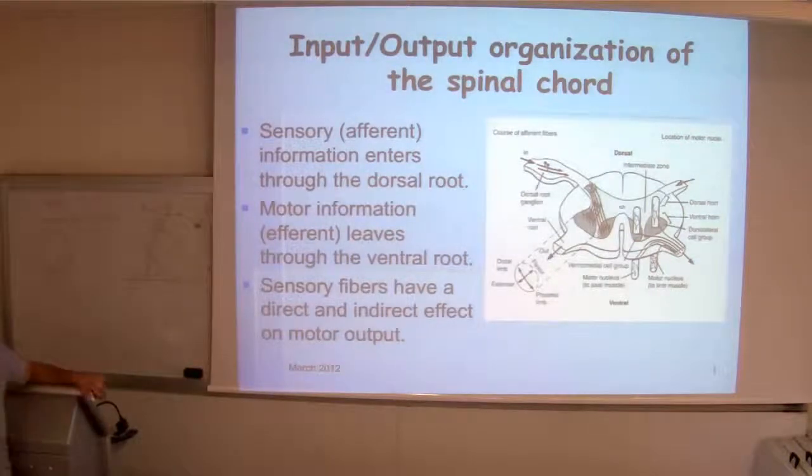Okay, and you remember that we talked about stretch receptors and vibration receptors, and the fibers conducting these inputs going up to the somatosensory system. But there's another type of fiber that we haven't talked about, and this is the sense of proprioception.